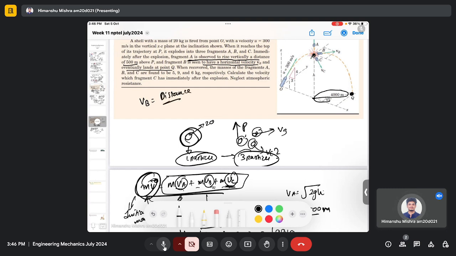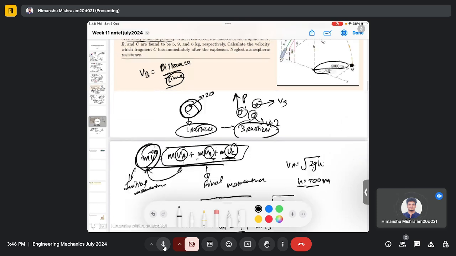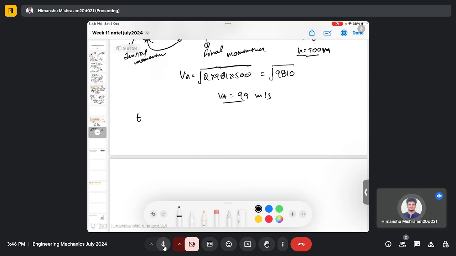So I need to calculate the time it takes to reach point Q, right? And from the projectile motion I can define my time as uz by g, which is 300 times 4 by 5 divided by 9.81.